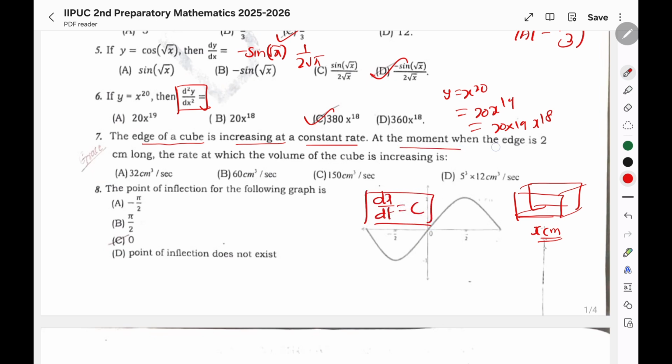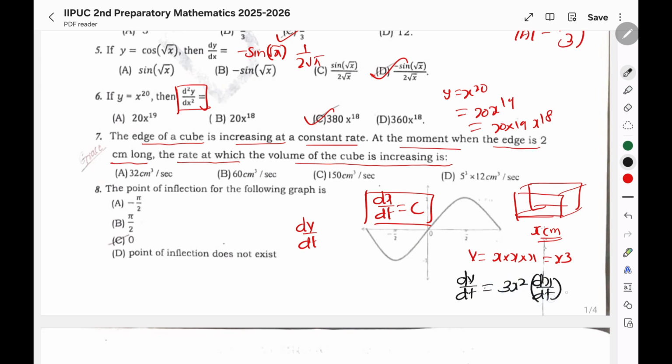At the moment when the edge is 2 centimeter long, the rate at which the volume of the cube is increasing. Okay, so we have to find dv by dt, and we know the volume of a cube. Volume of a cube is side into side into side, that is x cube. So what is dv by dt? It will be 3x square and dx by dt, and dx by dt is given constant.